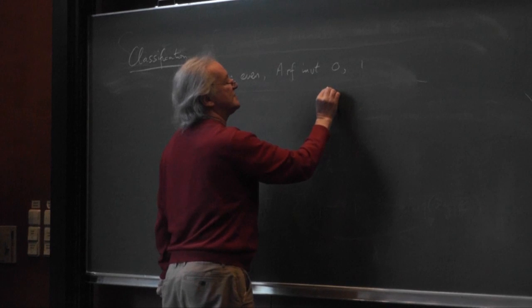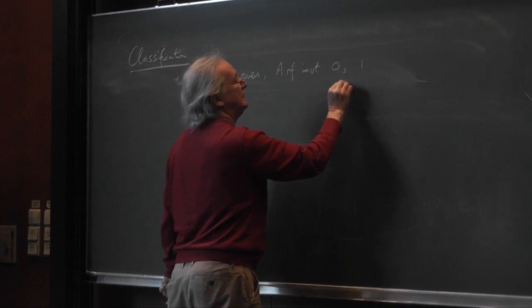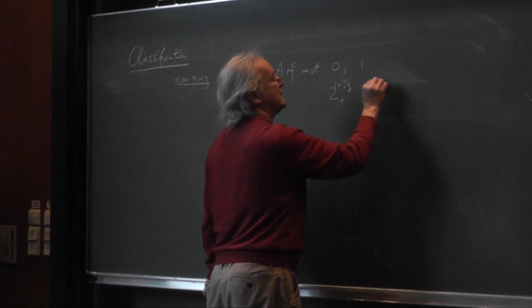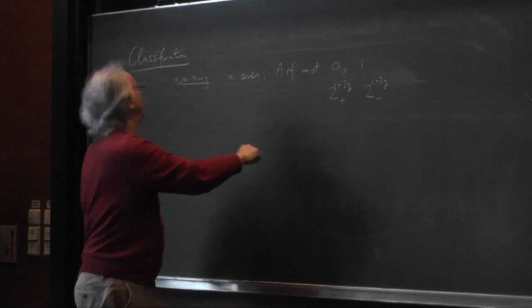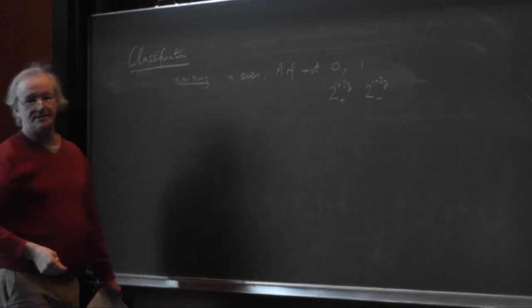Arf invariant 0 gives what's called the extra special group, n is 2g here, of plus type, and 1 gives the extra special group of minus type. So there are two types of extra special group corresponding to the two possible Arf invariants.